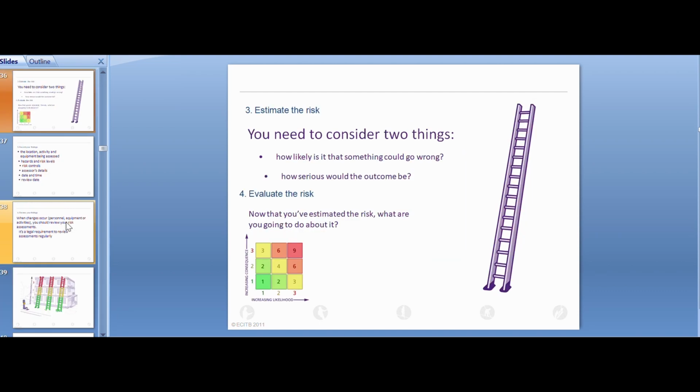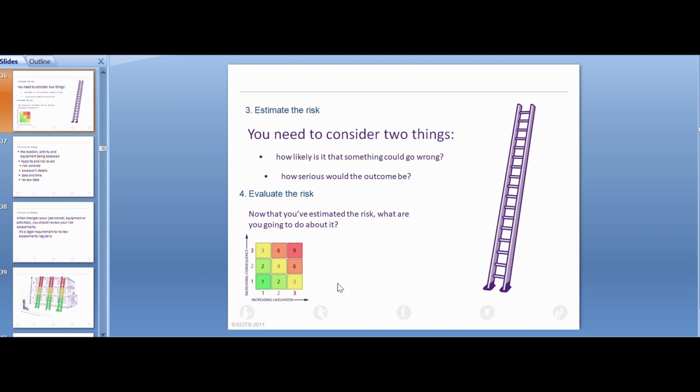Then you need to consider two things: how likely it is that something could go wrong, and how serious the outcome could be. Then evaluate it, as the risk matrix here shows, with increasing levels of likelihood and consequences.